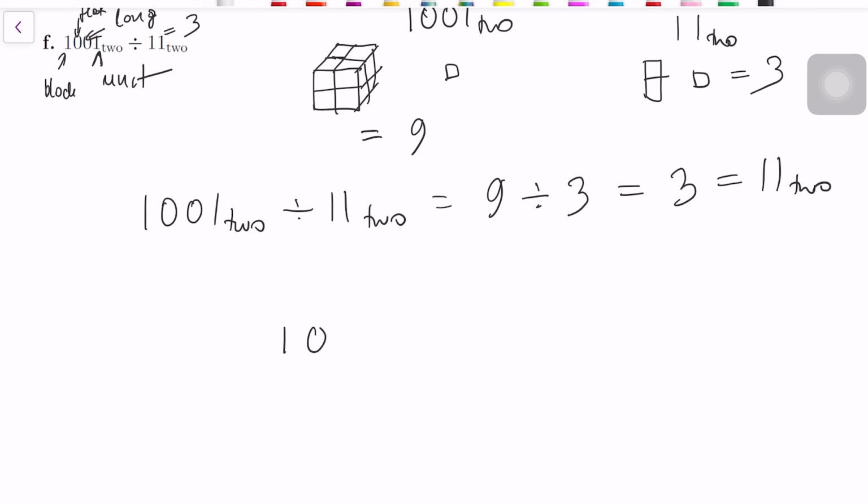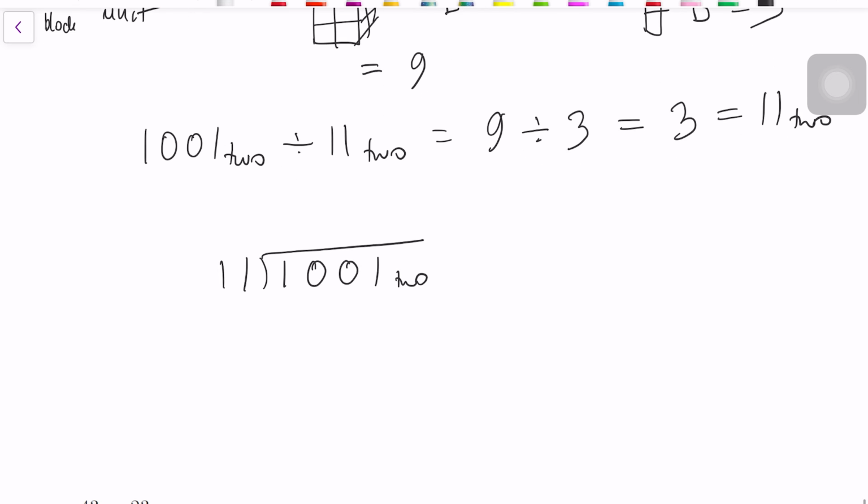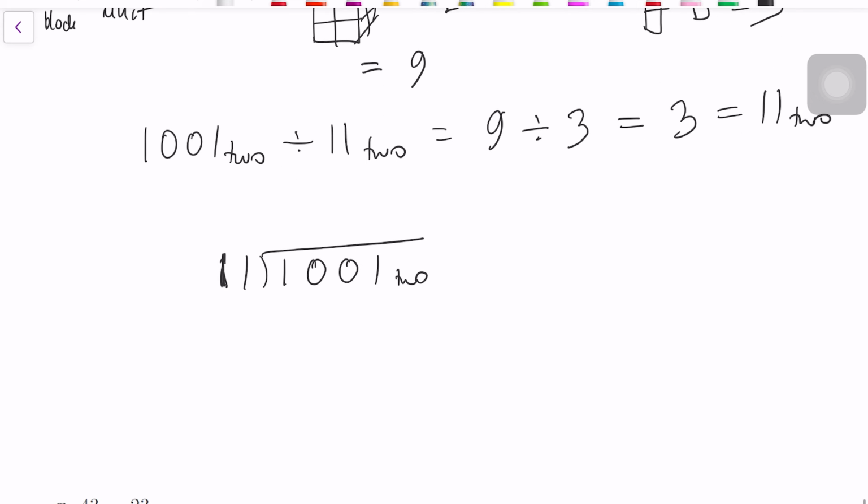But what if we wanted to do the standard algorithm? Let's try to divide. So what I'm thinking is that's like 1 long and 1 unit. I won't fit it in 1, I won't fit it in 1 long 0 units, but I should be able to fit it in one block, right?